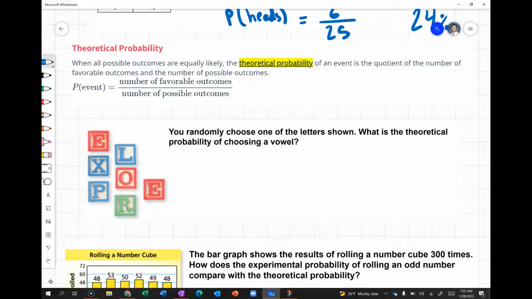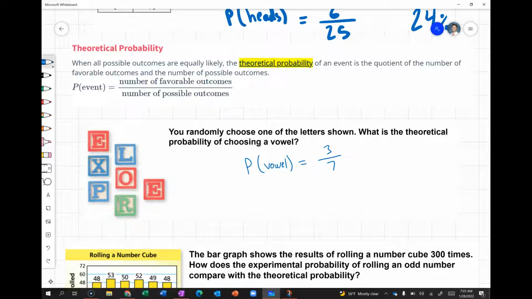So now we want to know, what is the theoretical probability of choosing a vowel? If we look at these 7 outcomes, 3 of them, E, O, and another E, are our favorable outcomes. So the probability of choosing a vowel will be equal to our favorable outcomes, which is 3, divided by our total possible outcomes, which is 7. So the probability of choosing a vowel is going to be 3/7.